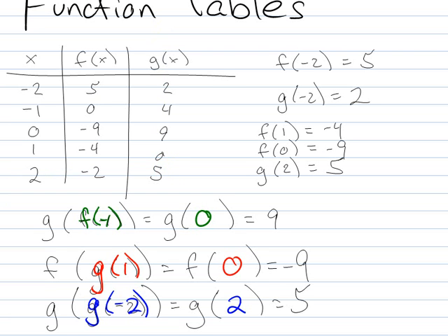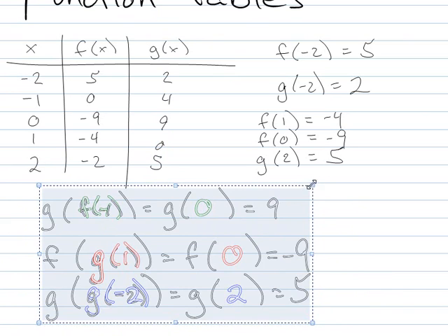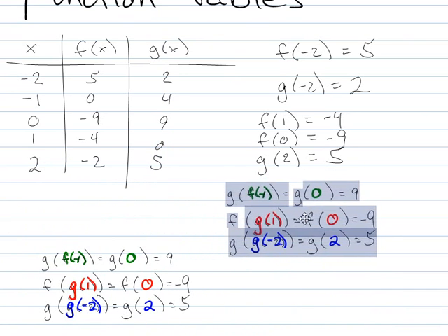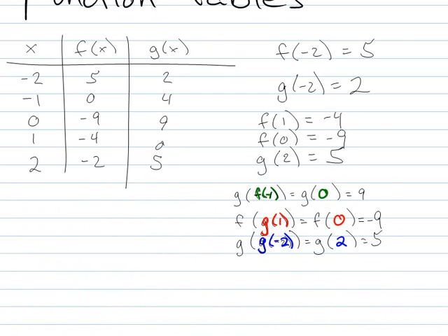Alright. Now the last kind of problem that we can have, I'm going to leave this on the screen because I still want to be able to see my table. I'm just going to shrink it and move it. The last thing we can get is problems that say, if g of x is 4, what is x?